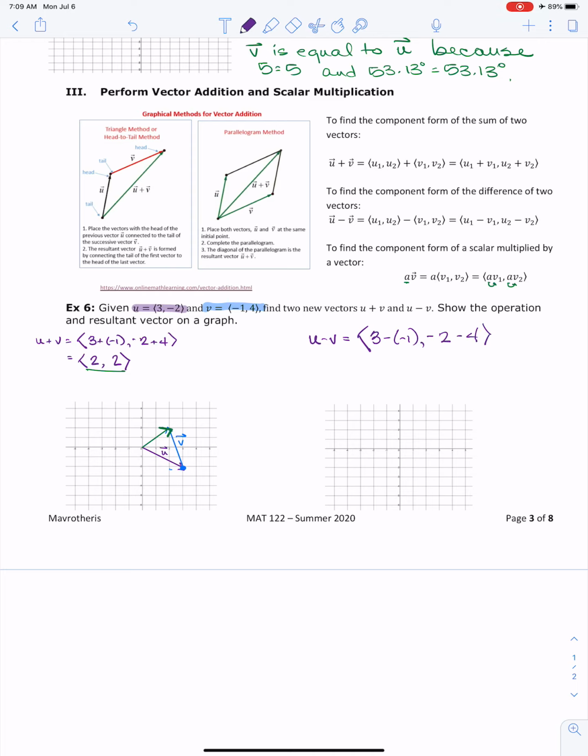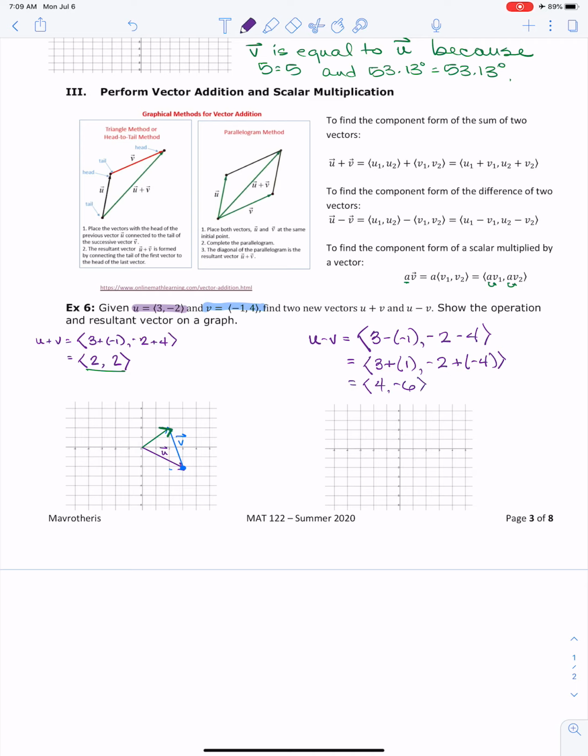Okay, now keep in mind what this is. This is 3 plus the opposite of -1, and -2 plus the opposite of 4. And I'm just writing it that way because that helps it make a little more sense of what we're doing when we subtract.